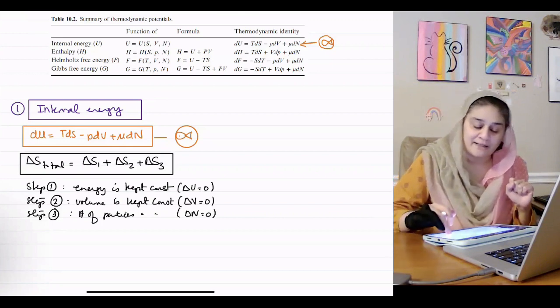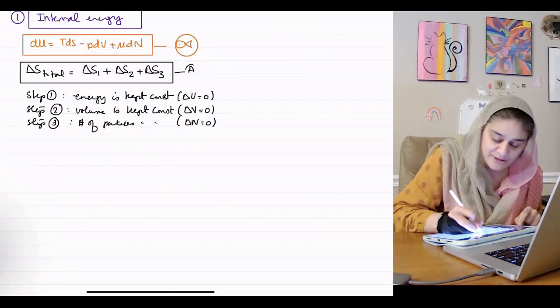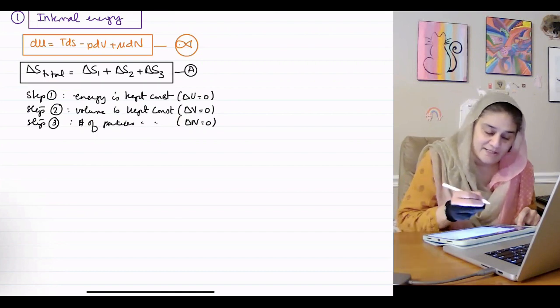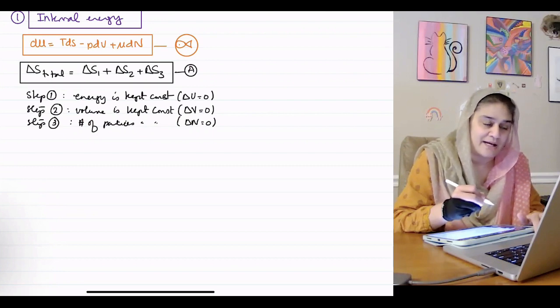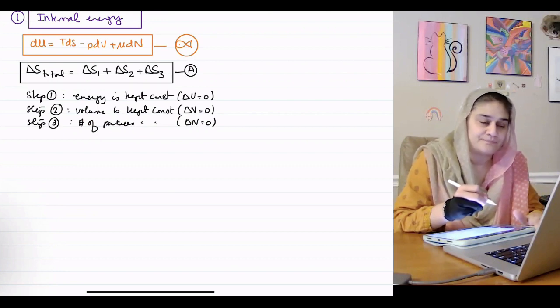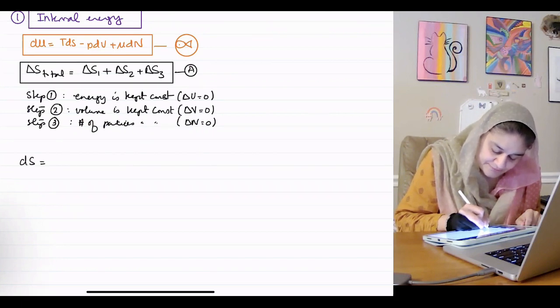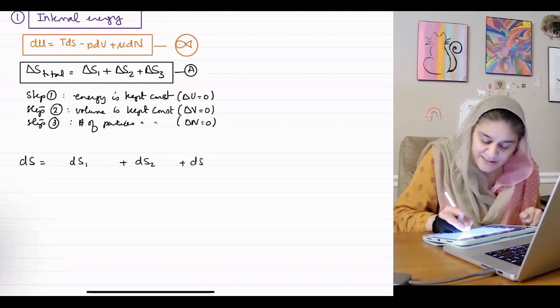Now, may I take this expression, I'm going to call this equation A, and rewrite this as partial derivatives. So I'm going to rewrite this expression as dS equals dS1 plus dS2 plus dS3.